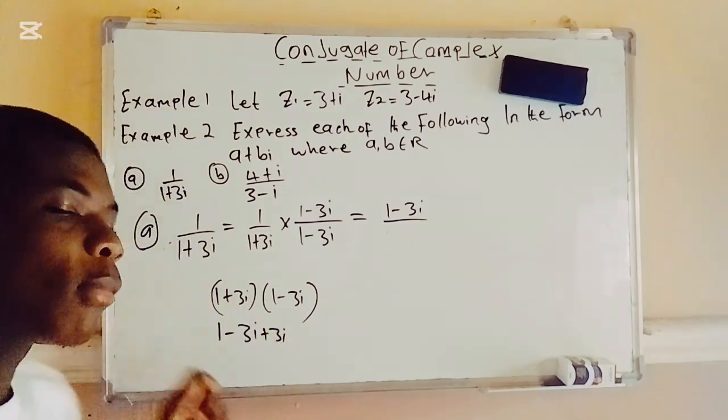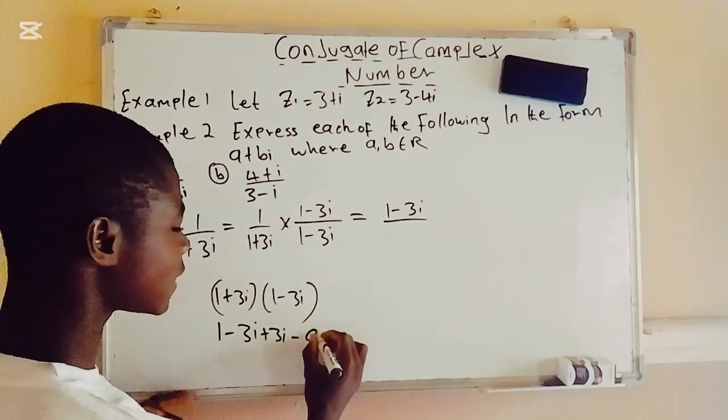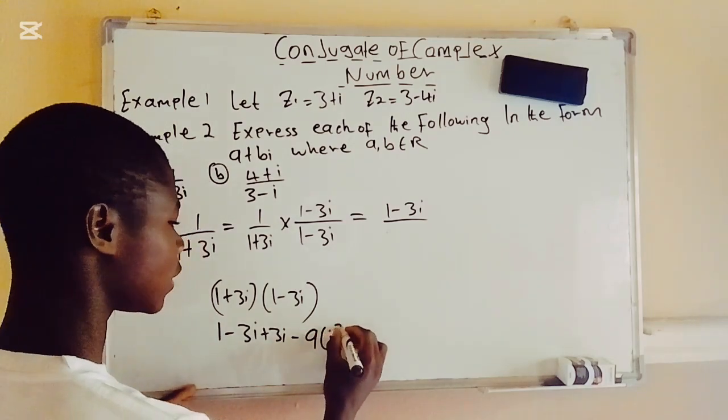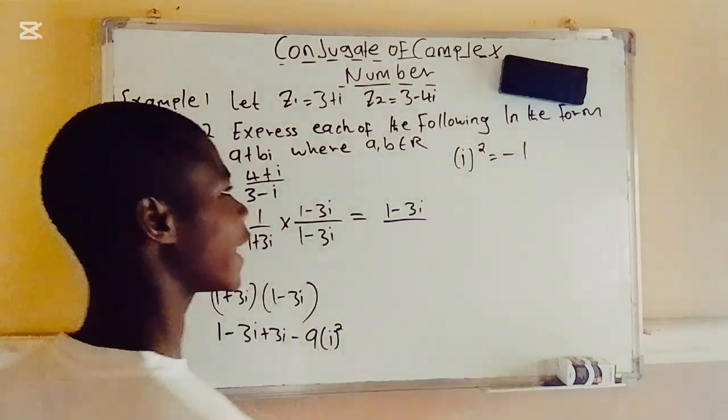And 3i multiplied by negative 3i is negative 9i squared. And we all know that i squared is the same thing as negative 1.